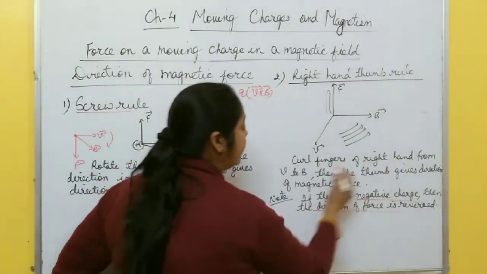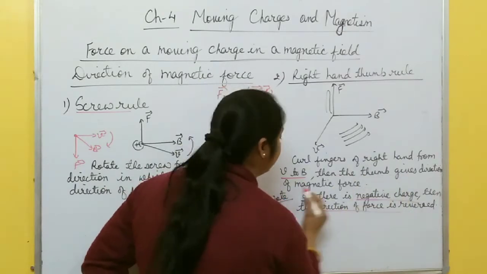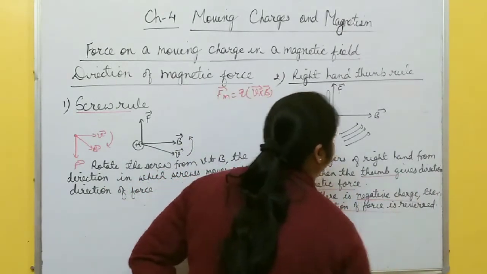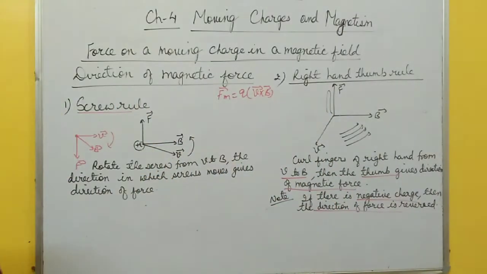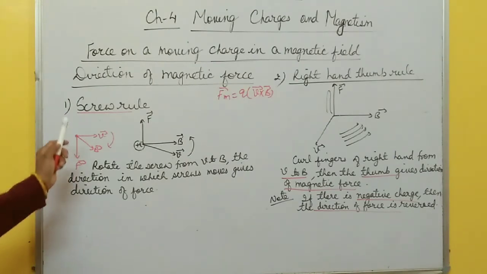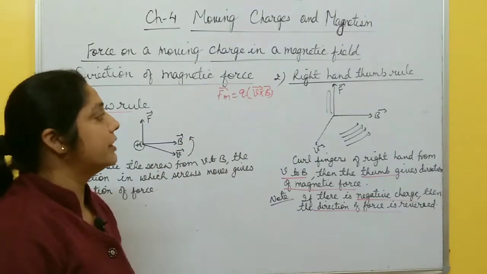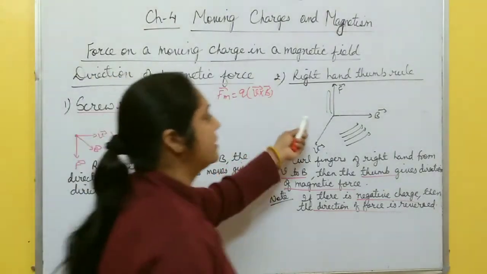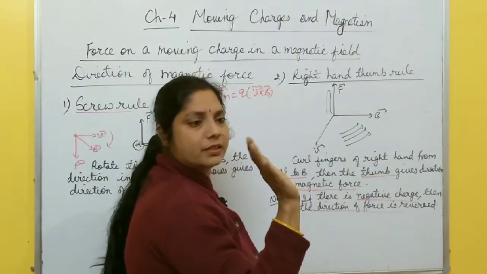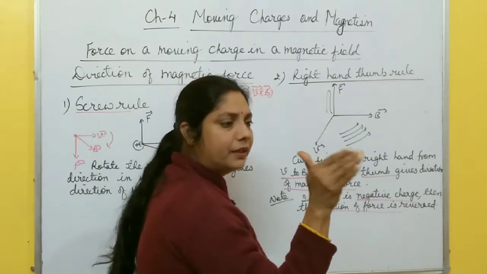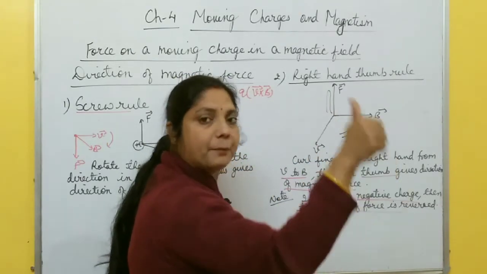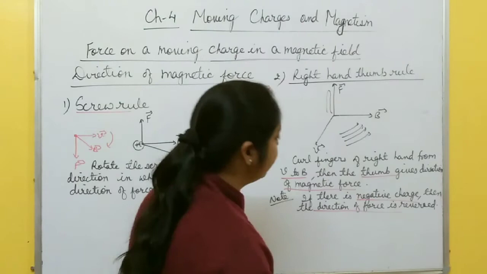So curl the fingers of the right hand from V to B, then the thumb gives the direction of magnetic force. Okay, so the direction of magnetic force is given by these two rules: one is the screw rule and the other is the right hand thumb rule. It's very simple. Just curl the fingers of your right hand from V to B, and the direction in which the thumb points gives the direction of magnetic force.